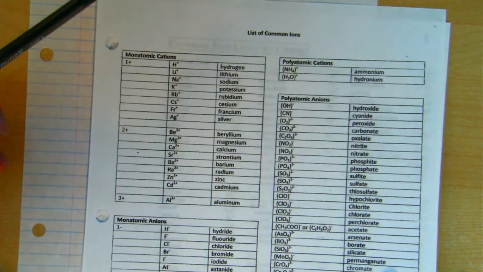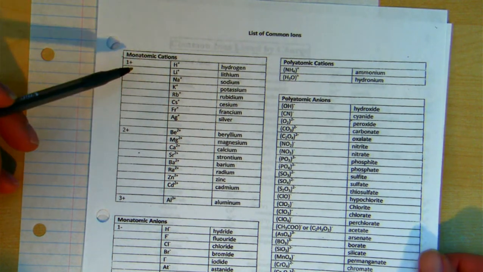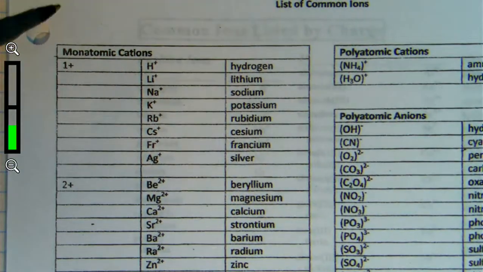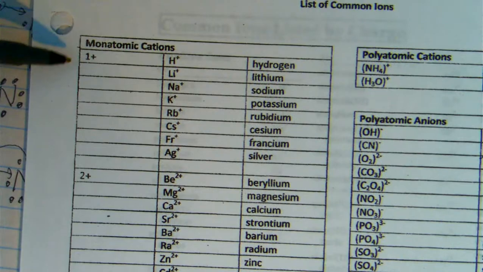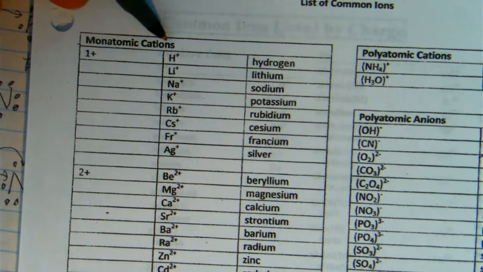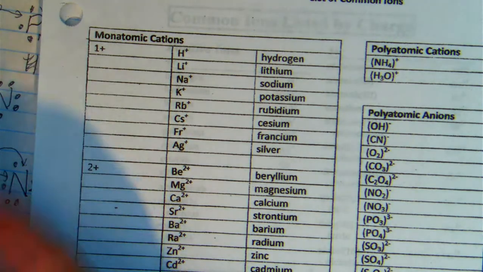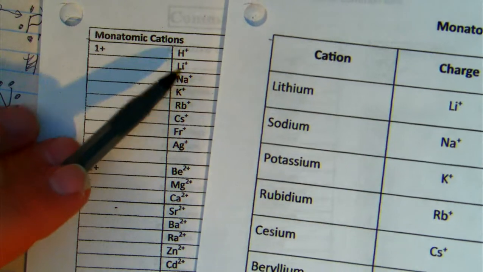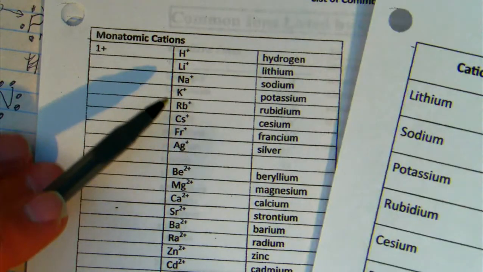So I'm going to mention the names of these for you students to have some understanding of what they're going on about. List of common ions starts off with monatomic cations. So that is the same list as this first handout. There's lithium, but this list includes hydrogen that wasn't on this handout.